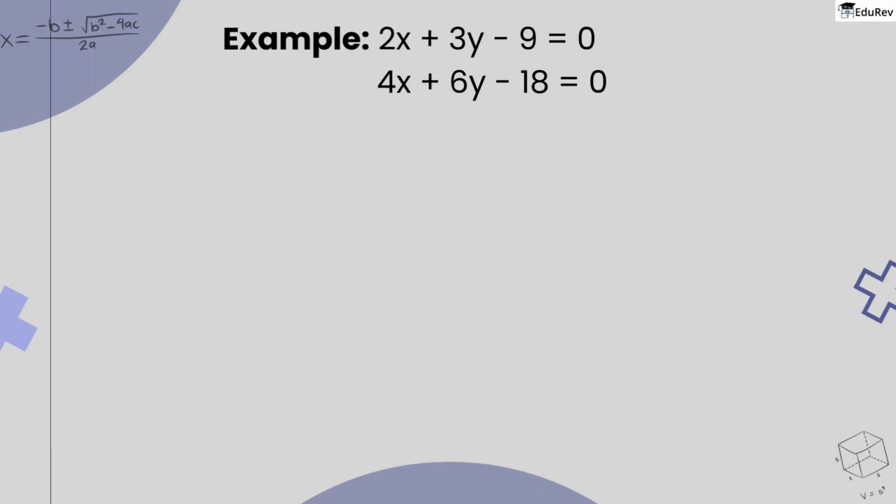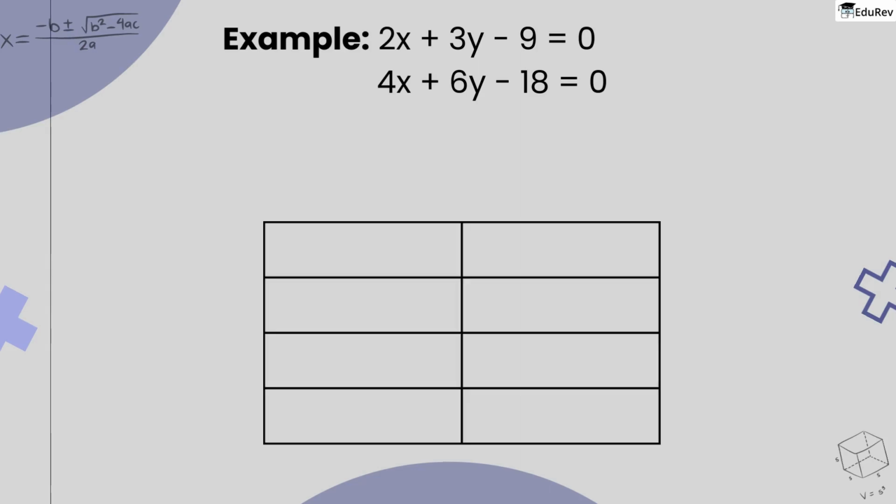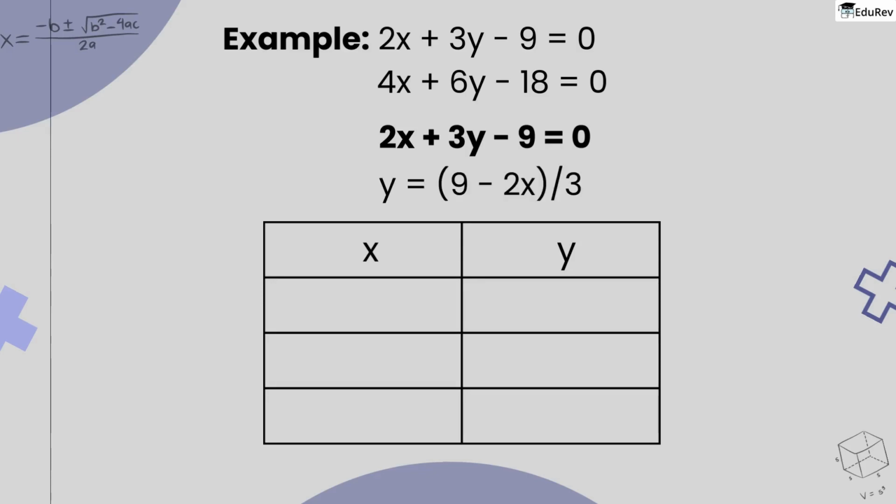We find the solutions of x and y of both the equations and plot them on the graph. We will follow the same steps as we did in the previous examples. We assume values of x and find the values of y corresponding to them. First, we will solve 2x plus 3y minus 9 equals 0. We rewrite this equation as y equals (9 minus 2x) by 3.